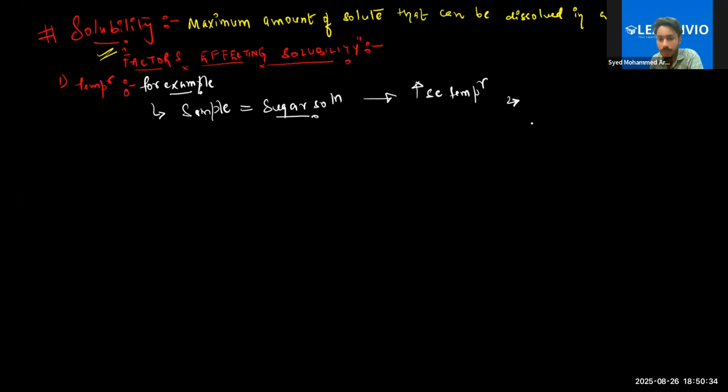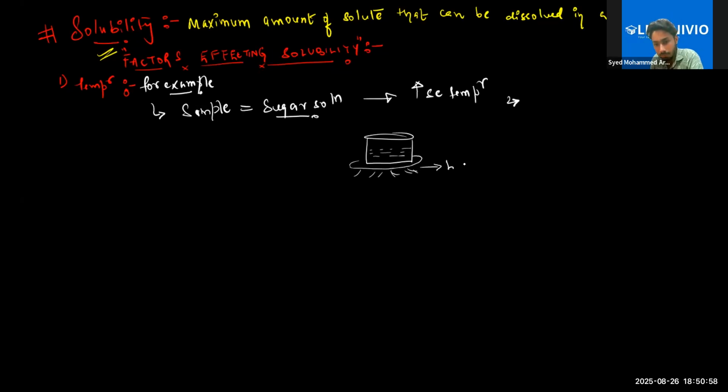This is the beaker. And I have put this beaker on a gas stove, or I can say I have put it on a burner. That would be a better word.